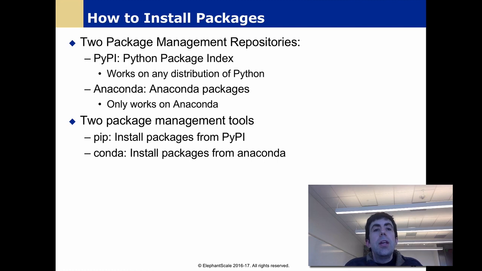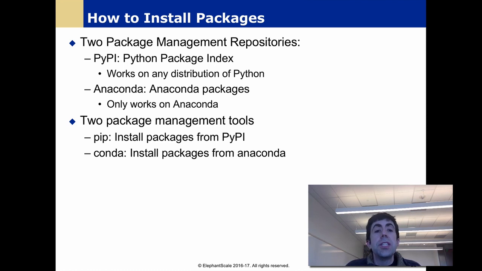So there's several different ways to install packages, and there's two different package management repositories. First is PyPI. That's the Python Package Index, and that is a package repository that works on any version of Python. It's not specific to anything like Anaconda is. Now, one advantage of Anaconda is it has its own package repository with specific builds for different platforms.